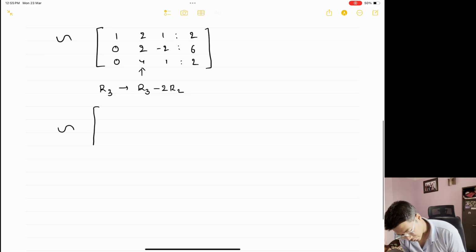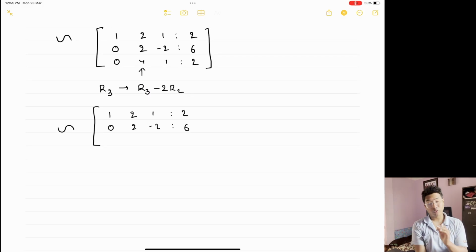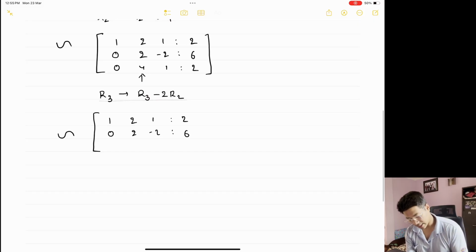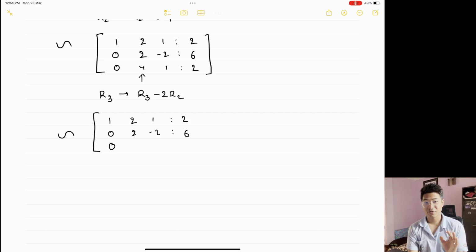Okay, and when I do that, I'm going to get something like this. 0, 2, negative 2, because I'm not changing any of those 2 rows. So something interesting happens now, and that is R3 is a 0, so this is a 0. This is not going to change, that's going to stick as 0. That's what we want, because we want a triangular matrix.